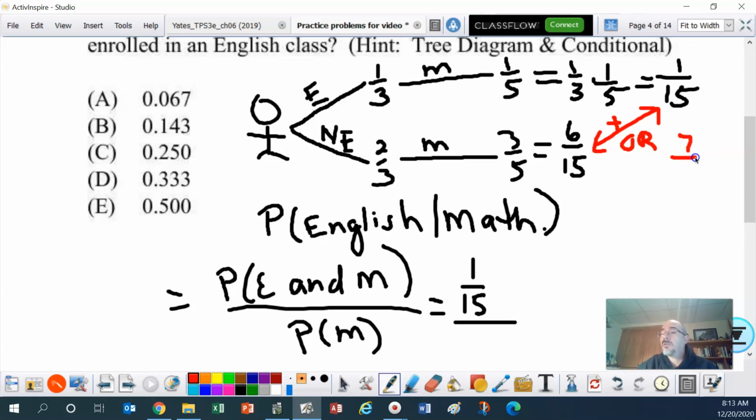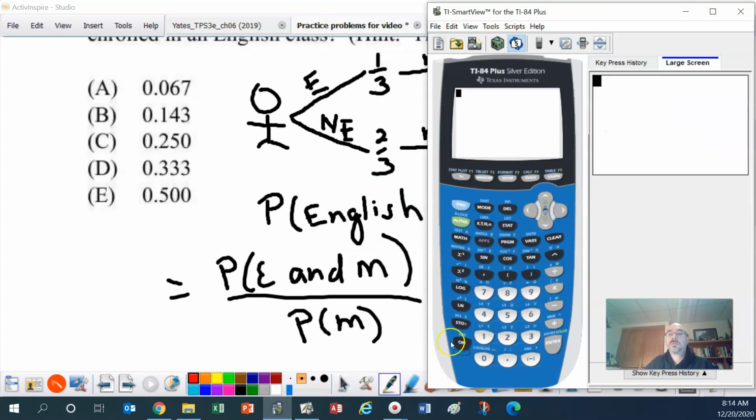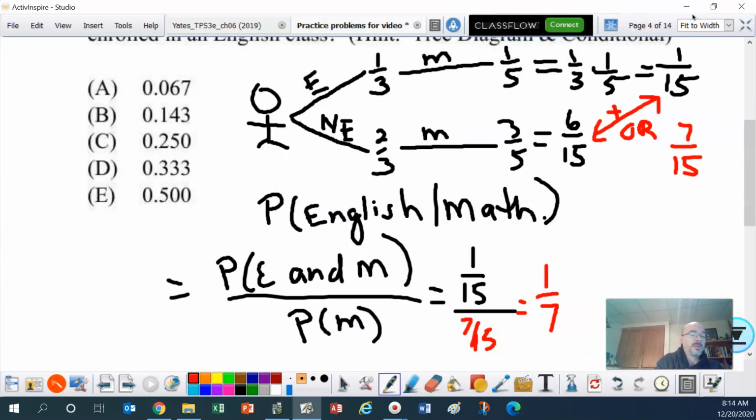And that is 7/15. Well, I'm going to divide by 7/15. Isn't that the same as 1/7? Because the 15s end up canceling each other. So let's see what decimal that gives us. 1 divided by 7 is going to be 0.1428. You bet. So that answer is B.